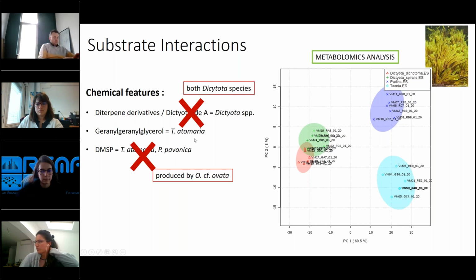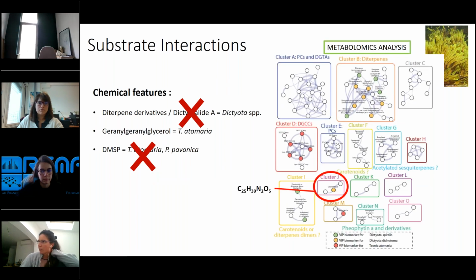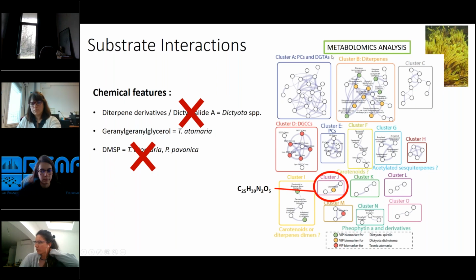So the glycerol compound could be a good candidate, but we were not able to test the pure compound at that time, so we don't have any confirmation on that. We further performed a molecular network on this data set, and we identified a cluster here, cluster J, where one compound could be identified as a candidate for the bioactivity observed for Dictyota dichotoma, which was not shown to happen in Dictyota spiralis.